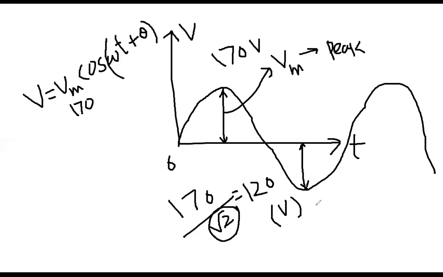That's why at my home, we don't care, we just say, okay, at my home voltage is 120 volts. But as an engineer, you must keep in mind that that 120 is not the peak. If you attach an oscilloscope at your home, you will definitely get this type of waveform, and you will get this reading that is 170.